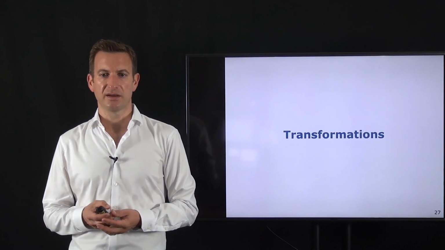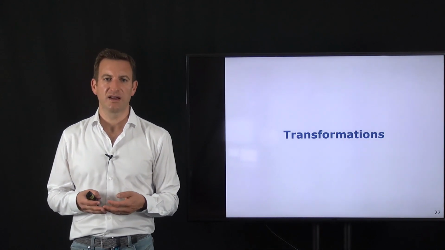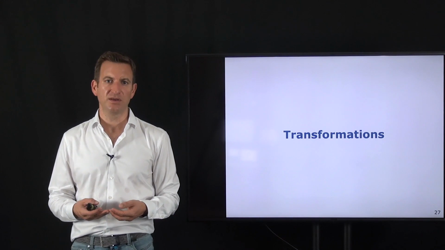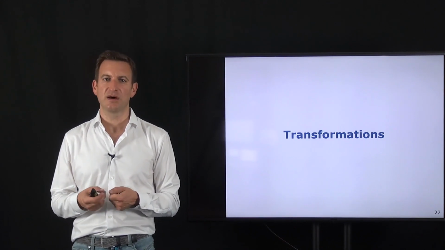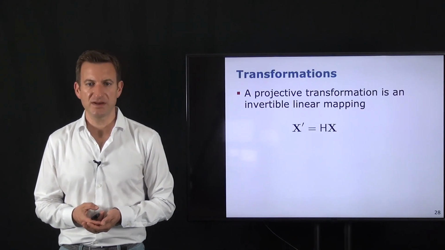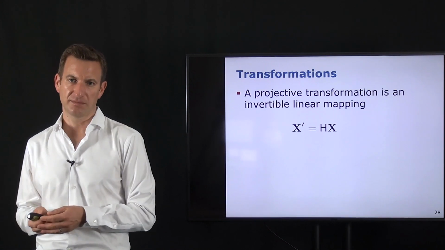So the next thing I want to look into are transformations. And this is one of the reasons why homogeneous coordinates are so frequently used, because you can write down transformations in a very, very easy way. The transformation can be expressed through a matrix vector multiplication.